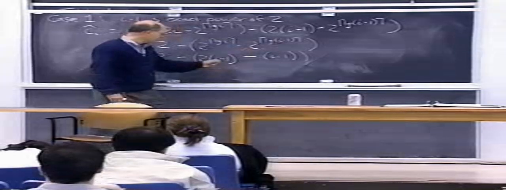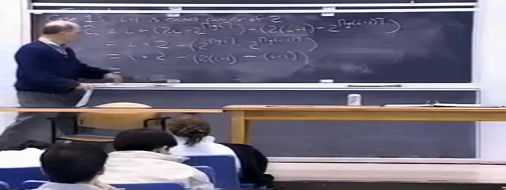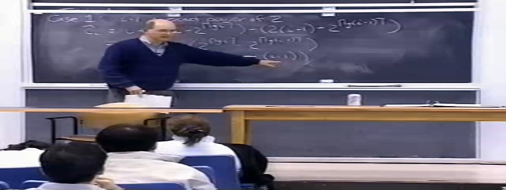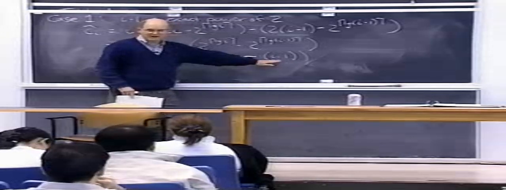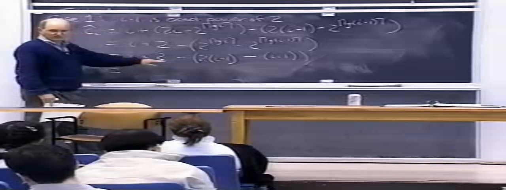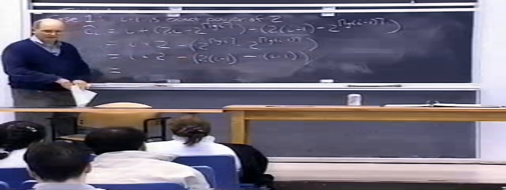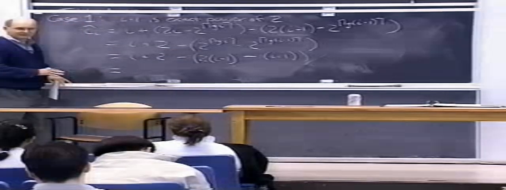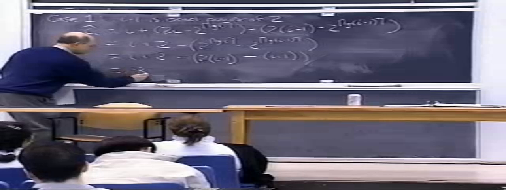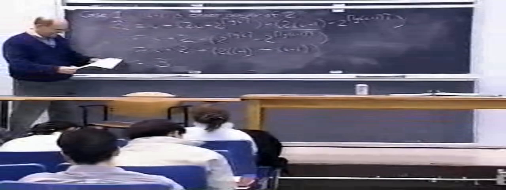So therefore, it's twice that. So what's that all come out to be equal to? So 2I minus 1 minus I minus 1 is what? I minus 1. I plus 1, excuse me, I plus 2 minus I minus 1, the whole thing comes out to 3. Hallelujah. Okay, the other case.